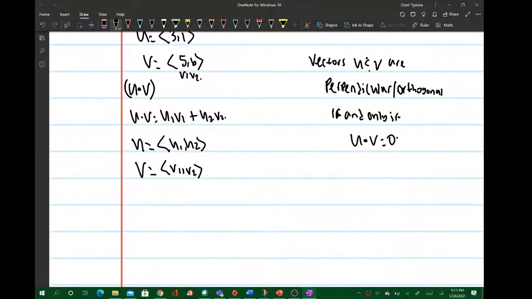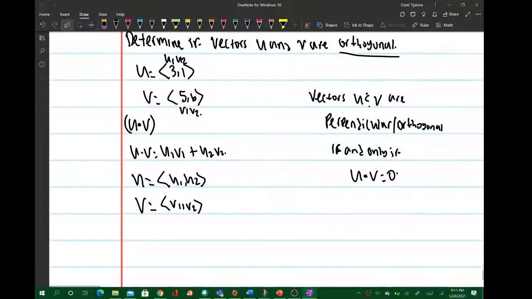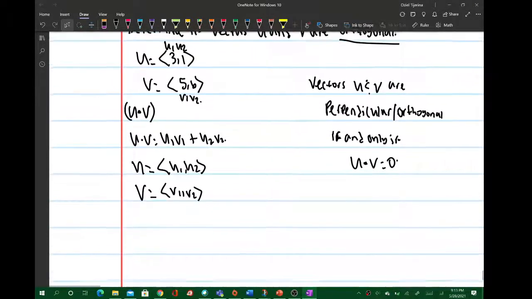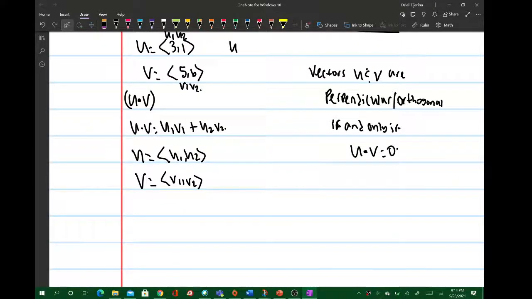So here, all you really have to do is the dot product, and we know what u1 is, and u2, and v1 and v2. So u1 is 3, u2 is 1, v1 is 5, and v2 is 6.